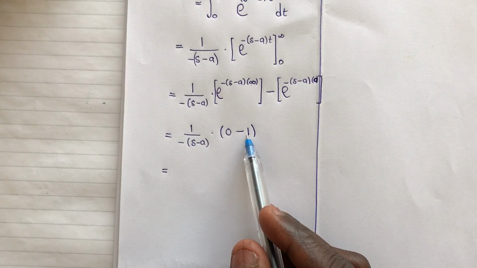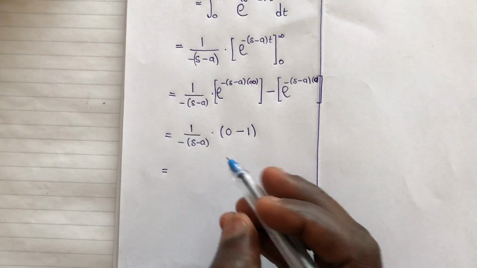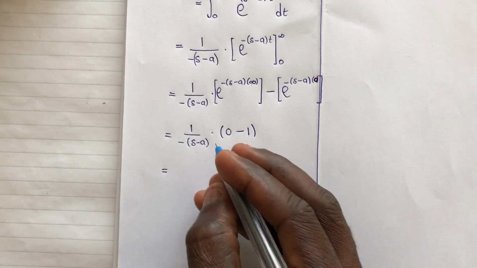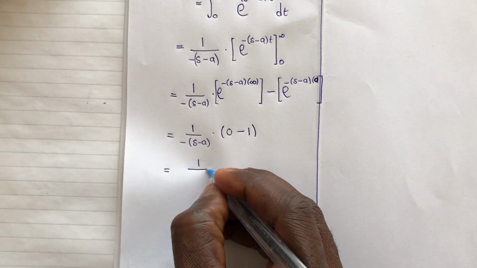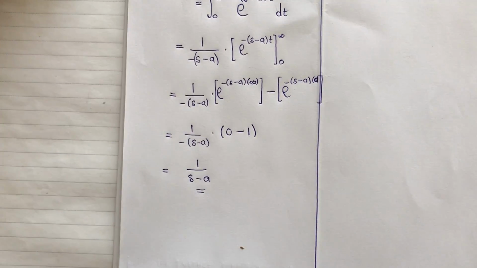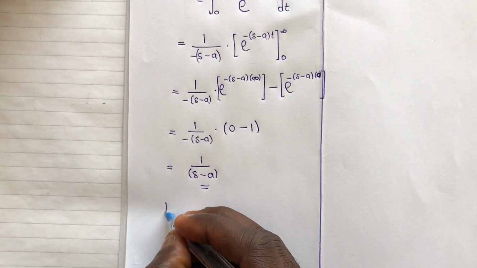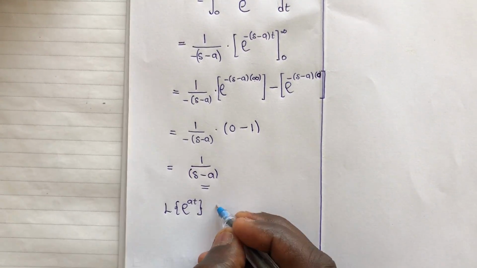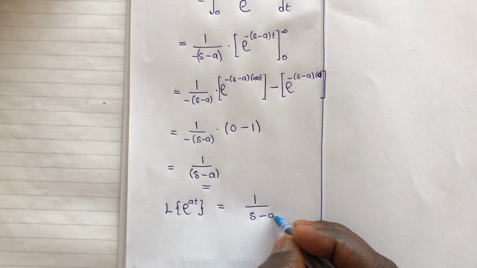So when we multiply by a negative 1, the result becomes a positive 1. So now we are having this times 0, this times 1, giving us 1 over s minus a. And this is the result. And let me put this in brackets. So the Laplace transform of the function e to the power at is equal to 1 over s minus a.